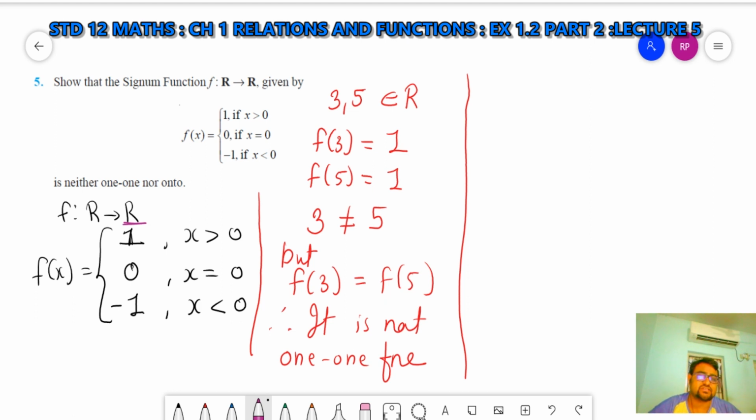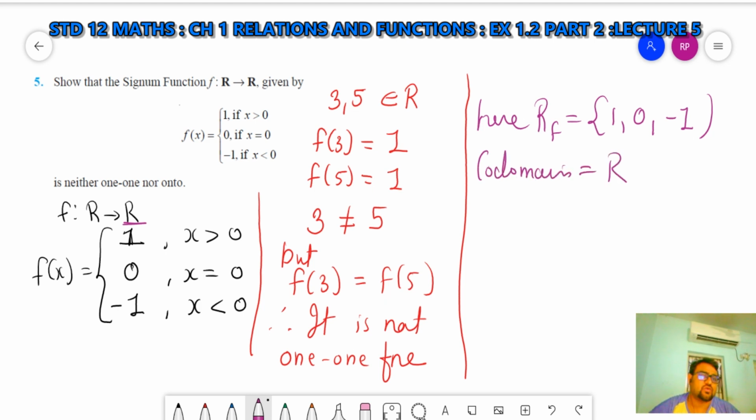The range of the function is 1, 0, minus 1. The codomain is R, which means 2 belongs to the codomain, but 2 does not belong to the range of the function.